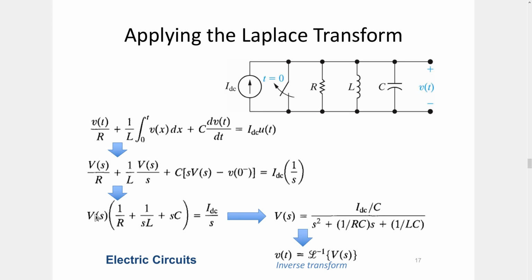But in order to create the inverse transform, we need to manipulate this solution a bit, maybe factorize it into different factors, and then use the basic relationships between the time domain and the frequency domain for the Laplace transform to estimate or write down the time domain solution.